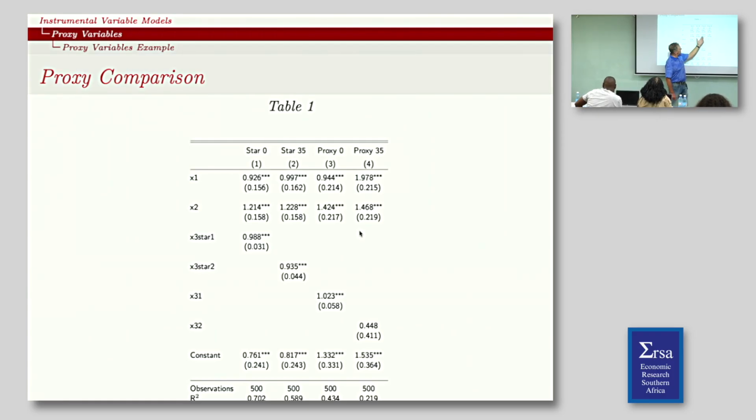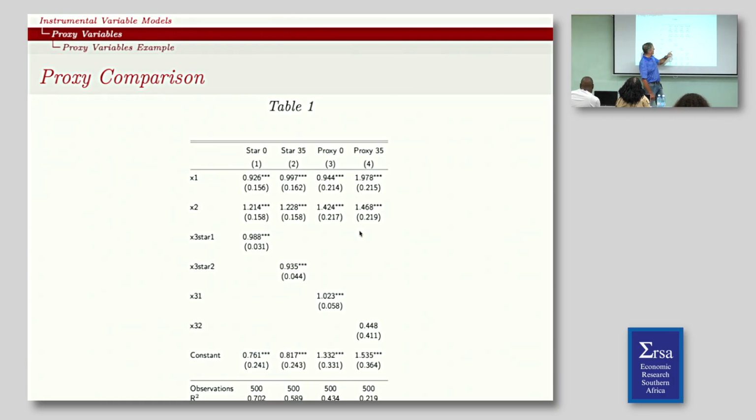Here we have a proxy, and here the proxy is kind of bad, right? So the difference is between these three models. Here's the right model. Here's the right model, but we don't have the variable we want, but we have something really close. Here's the variable where we've got some sort of proxy to replace the variable we want.